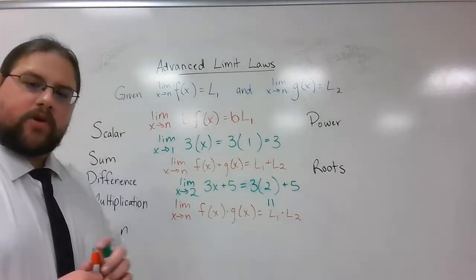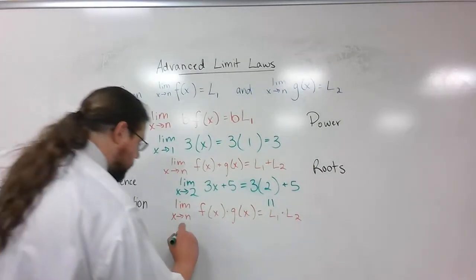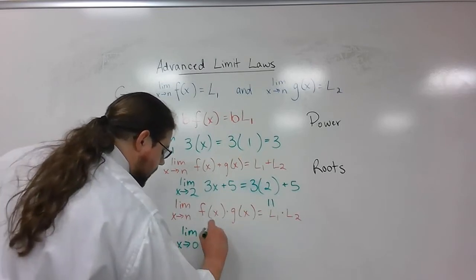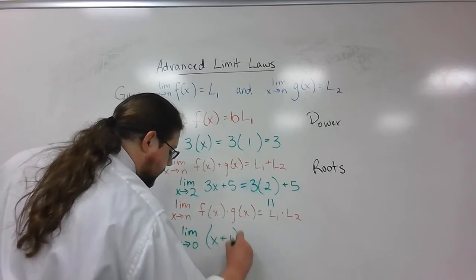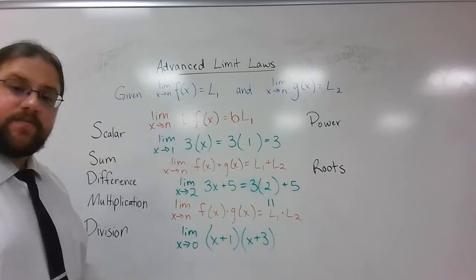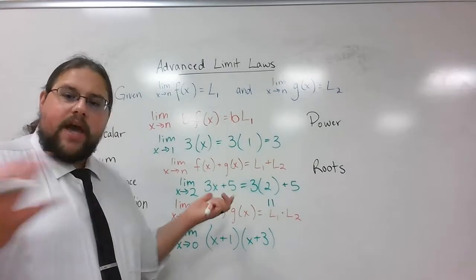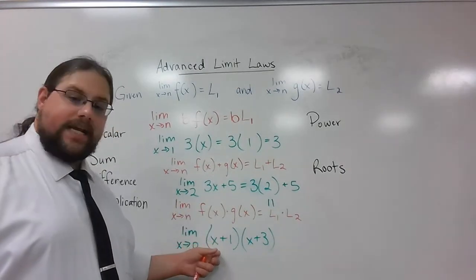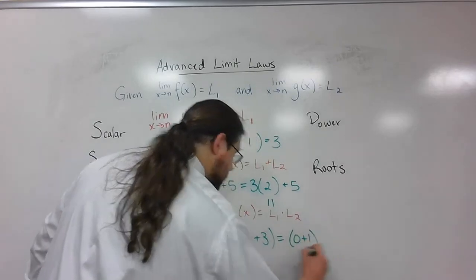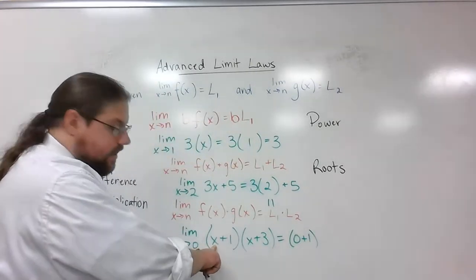Now, you're probably wondering, well, when would this come up? Well, that's a good question. Very simply, the limit as x approaches 0 of the functions x plus 1 times x plus 3. So all I would have to do is find the two limits separately and then multiply them together. Well, the limit of x plus 1 is 0 plus 1, because again, you can just plug in for the x here.